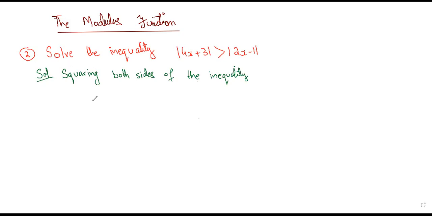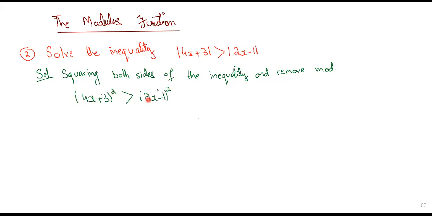So I am going to square both sides of the inequality and remove mod. So the left side of the inequality is 4x plus 3, I will square it. That's greater than 2x minus 1 squared. So this is what I had in the question, and this is an equivalent inequality.